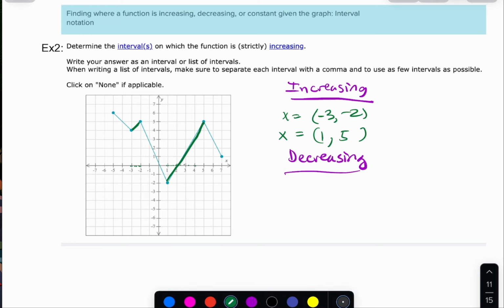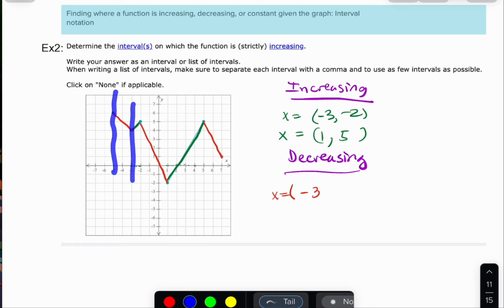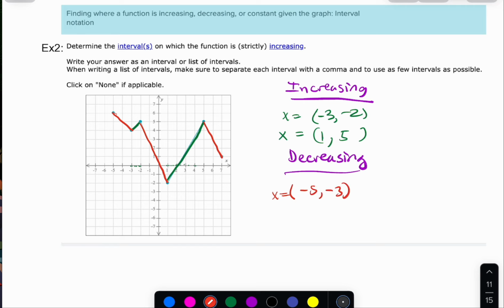Okay, so now let's talk about where it is decreasing. Okay, so from an x value of -3 to, no, I'm sorry, that's -5 right here, from there to there. So from an x value of -5 to an x value of -3, our y's are decreasing.